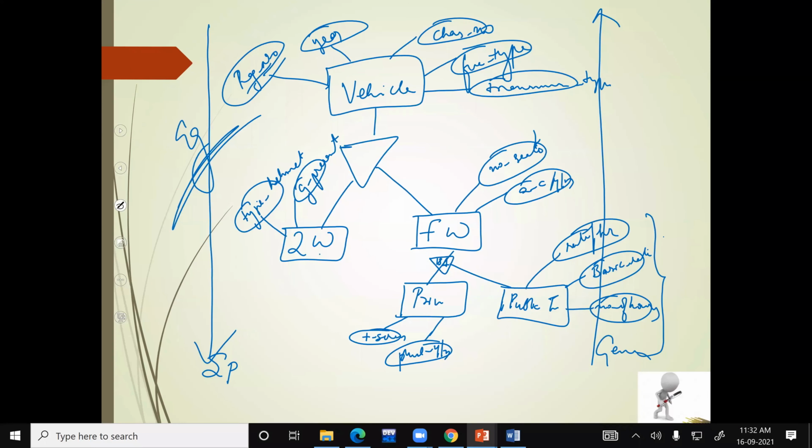You call these local attributes. These are local attributes of public. These are local attributes of four-wheeler. These are local attributes of private. These are local attributes of two-wheeler, and so on.